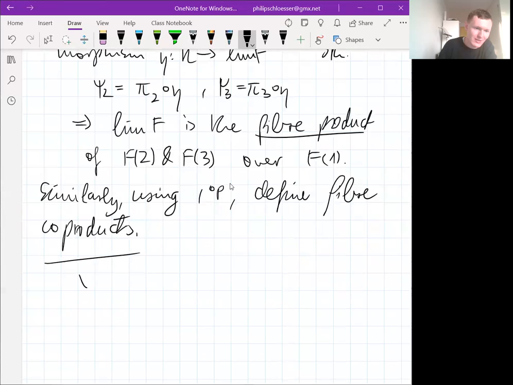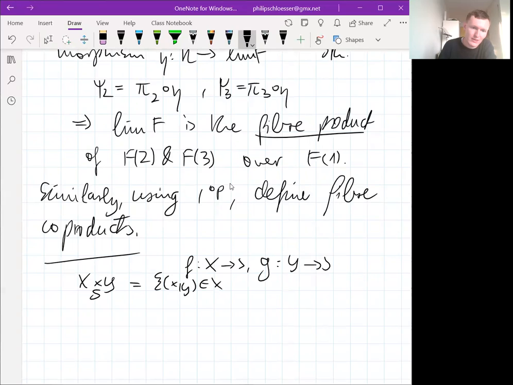So if we have two sets X and Y, and we have maps from X to S and from Y to S, then this fiber product is just defined as the pairs in X, Y, such that f of x is equal to g of y.